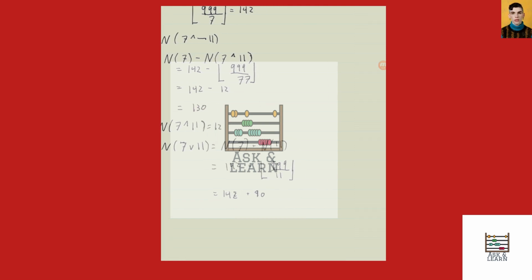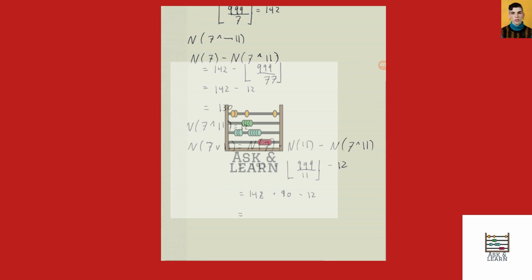Instead, we just need to make sure the 12 that are divisible by both are showing up in both those divisible by 7 and divisible by 11. So we actually need to subtract off the ones that are divisible by both. So that is going to give us 142 plus 90 minus 12, which is 220.